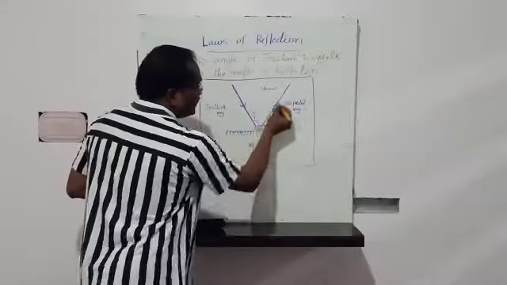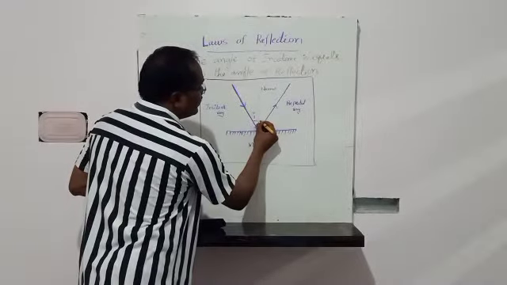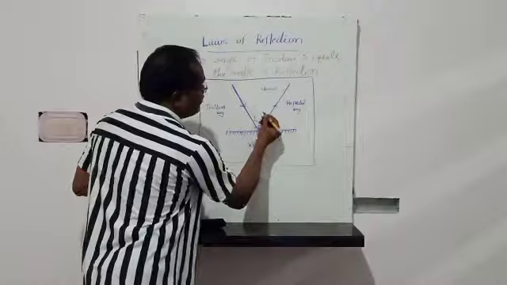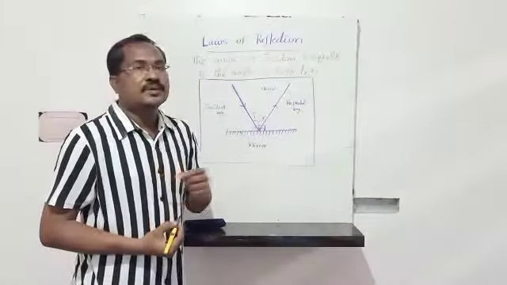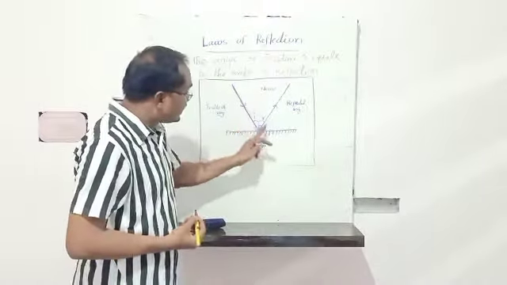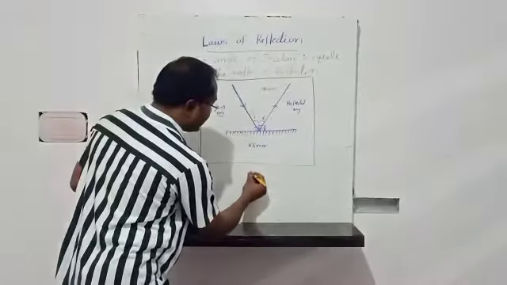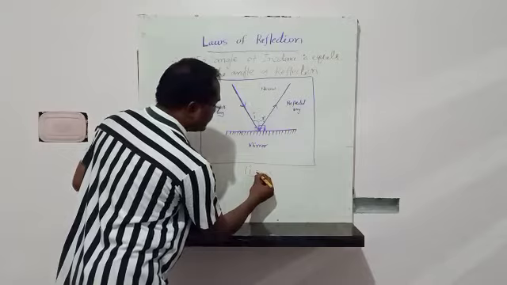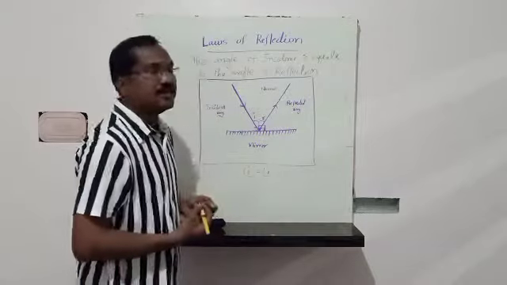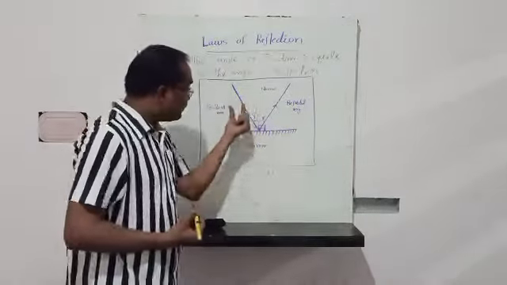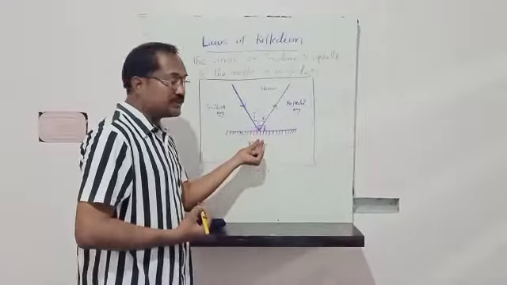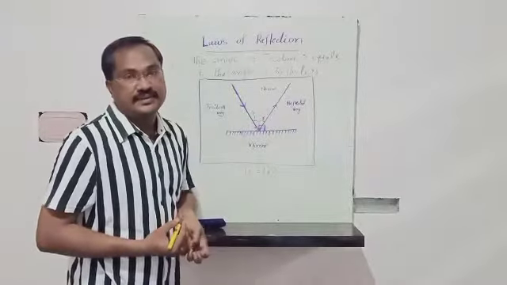After reflecting, the ray reflects at the angle R. So here the incidence angle and the reflected angle will be the same. That means we can write angle I is equal to angle R. So we can say that the angle of incidence is equal to the angle of reflection.